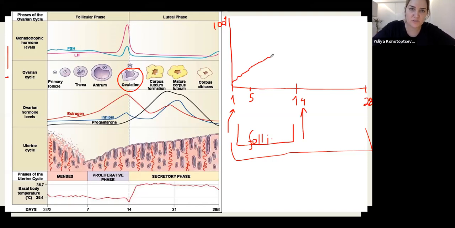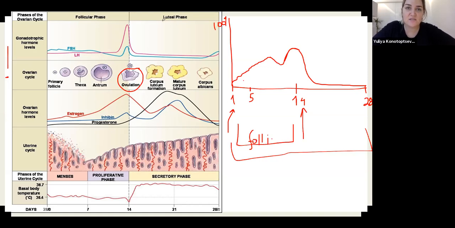Then it will drop a little bit, and then rise just a bit more around day 14. I will explain why. Then it drops dramatically, going down like a normal concentration. So this is the FSH concentration right here.